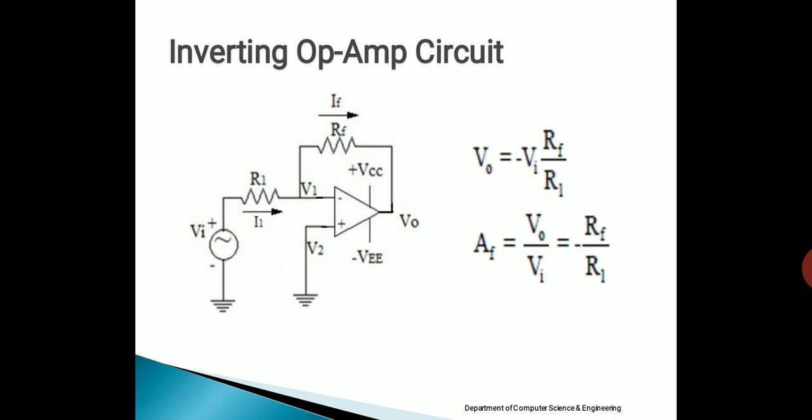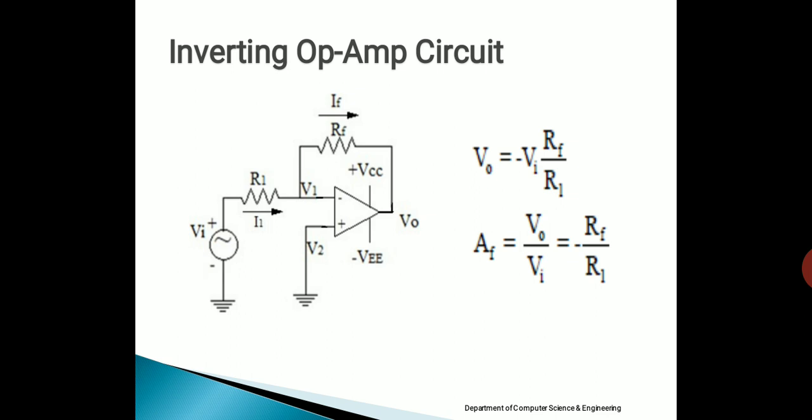Since the feedback is connected to the inverting input terminal, the circuit is said to have negative feedback. In particular, this closed loop configuration of the op amp is called the inverting op amp configuration. And already we have shown that the output expression for the inverting op amp circuit is given by V0 is equal to minus Rf by R1 into Vi.